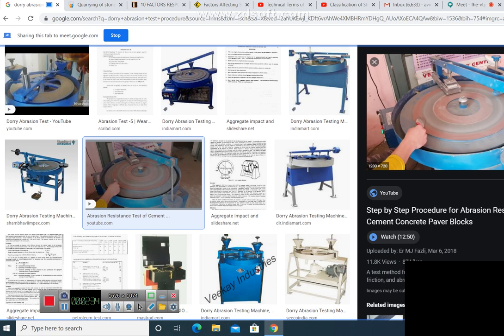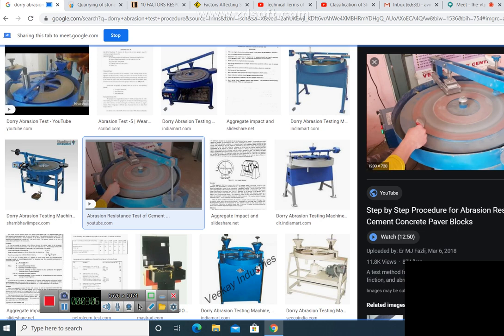Okay. Now, we are keeping one tray to hold the aggregate sample. There is one funnel over here. Through this funnel, you are feeding abrasive sand. So, once abrasive sand is fed and once the disc is rotated, the stones present in this tray will be subjected to abrasion due to the rotation of the disc and due to this abrading sand.